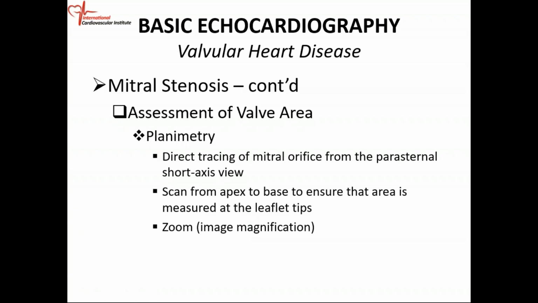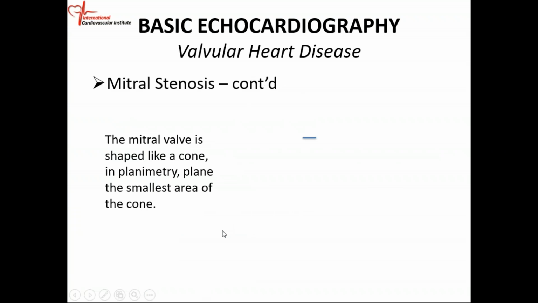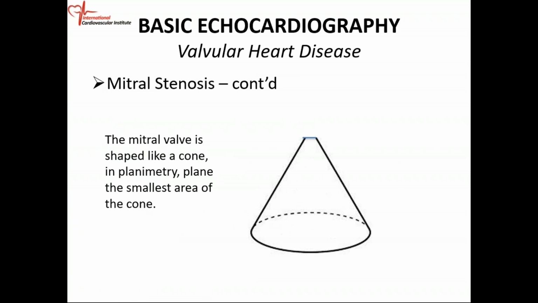Okay? And you're going to zoom. Whenever you're doing any measurements in echo, zoom, because by doing that, you reduce the errors that will result. And this is just to show you that the narrowest portion is at the leaflet tips. When the valve opens, the valve apparatus is conical in shape.